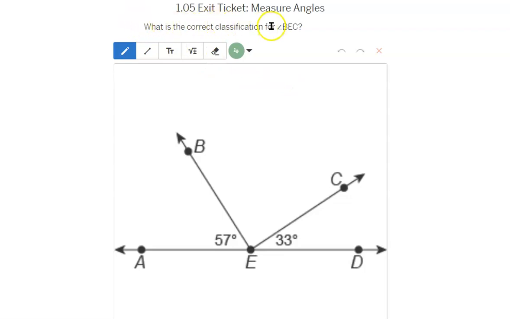What is the correct classification for angle BEC? Again, we're going to find our angle. Here's B to E to C. Ooh, I got some good information in here that I can use. So notice that it wants to know this part right here.